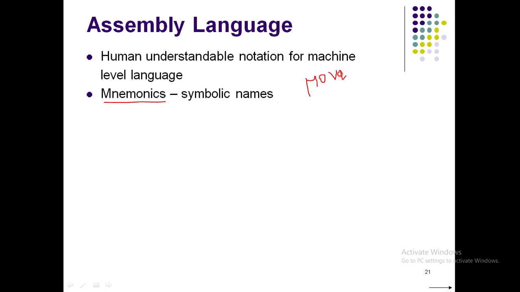If I am speaking in English, I will say MOVE. This is the English command which I am trying to give to the system. Its symbolic name is MOV. This symbolic name is called a mnemonic.